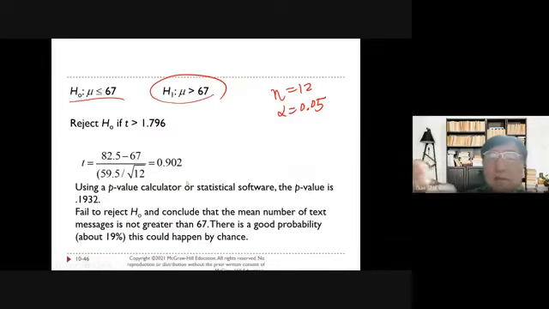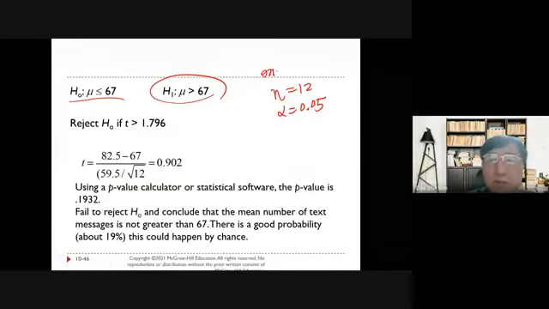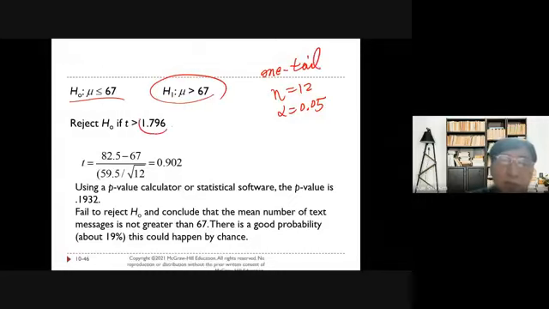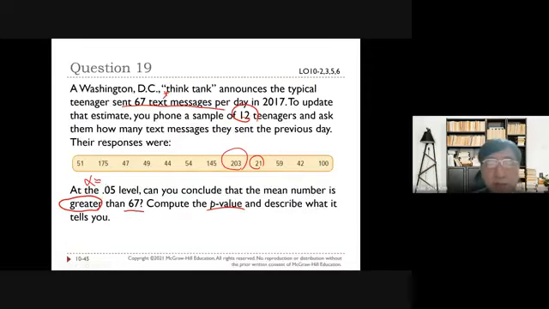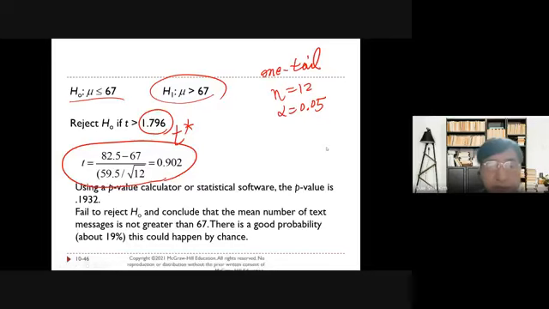This is a one-tail problem. You need to calculate T star, and we can calculate the T value. From the survey, we calculate the average X bar, 82.5. The sample standard deviation we can calculate is 59.5.